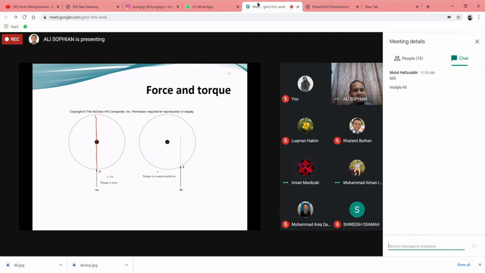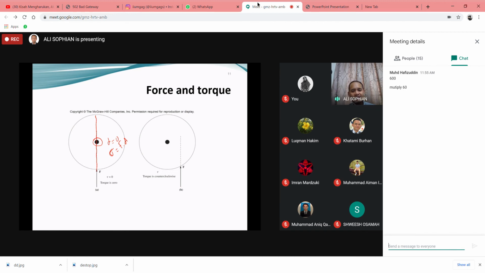Zero. Exactly. Here it coincides. The line of action goes through the axis of rotation, and that's why the smallest distance between the two is zero, and that's why your torque, which is force times distance, will give you zero as well. So the torque is zero.